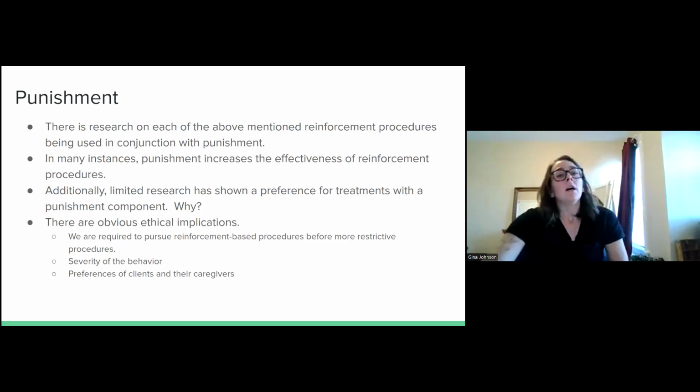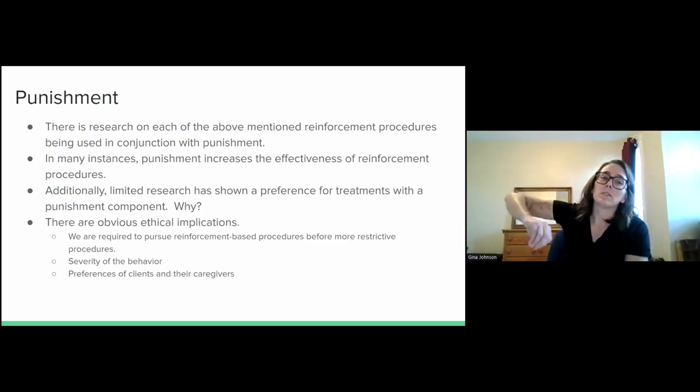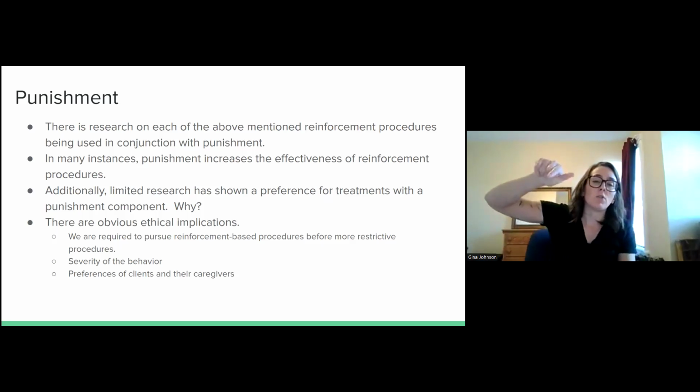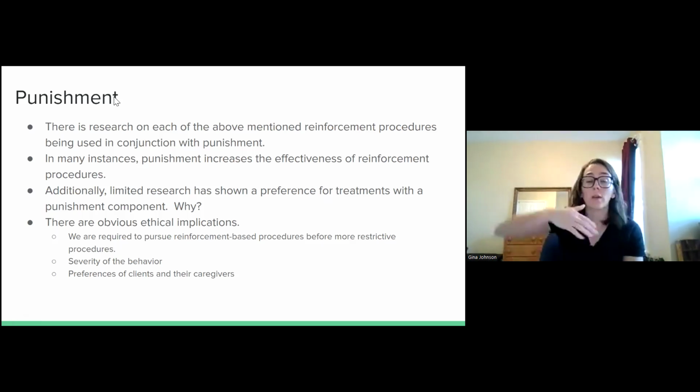So there's research on each of those reinforcement procedures that we just discussed. There are research articles where punishment was added, and in most instances, the addition of that procedure increased the effectiveness, many times to 100%.